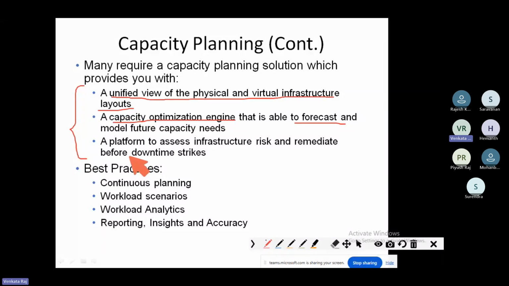You should have a platform to verify or assess the infrastructure risks, whatever risks are associated with the infrastructure, and remediate, which means find out the solution before the downtime strikes, guys.